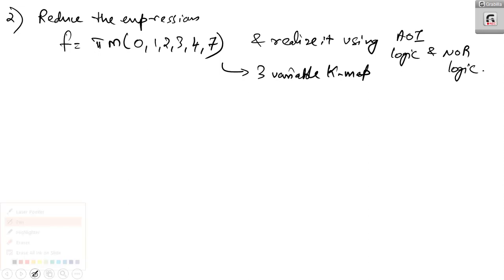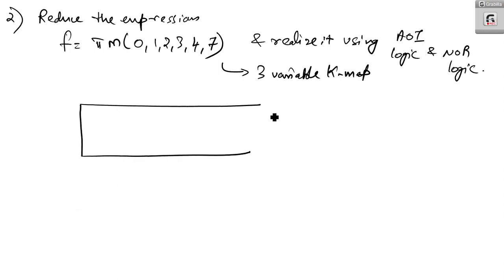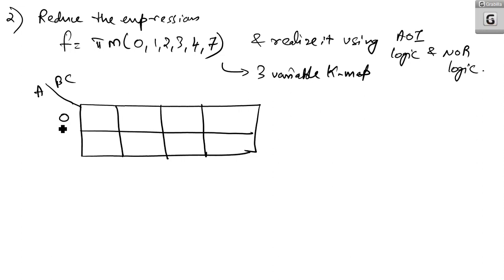Okay. So to simplify, to draw the 3 variable K-map, having A, B, C. This is 0, 1, A bar, 0, 0, 0, 1, 1, 1 and 1, 0.